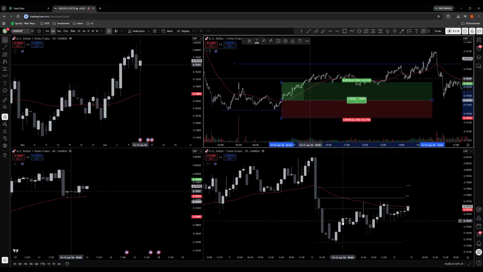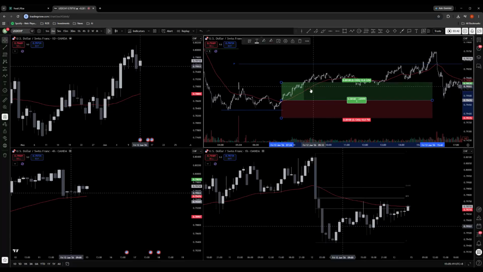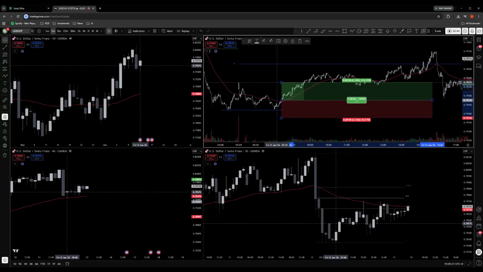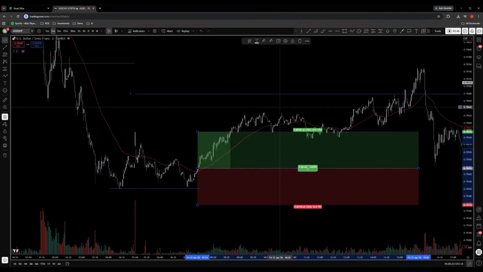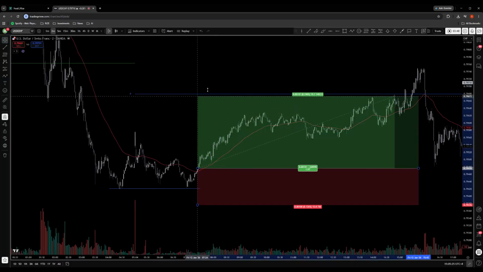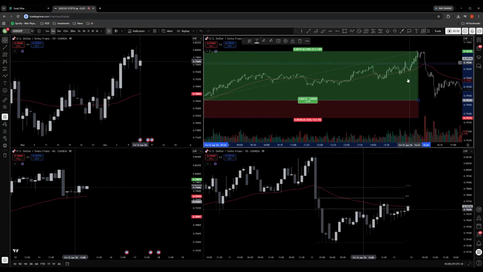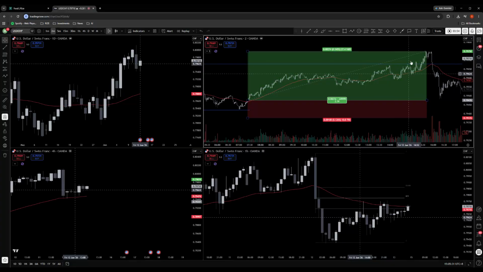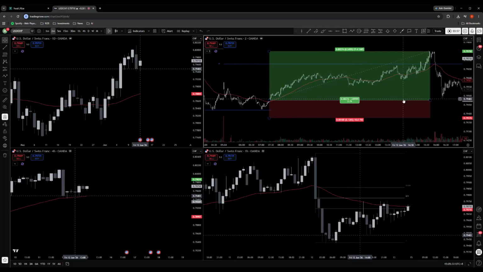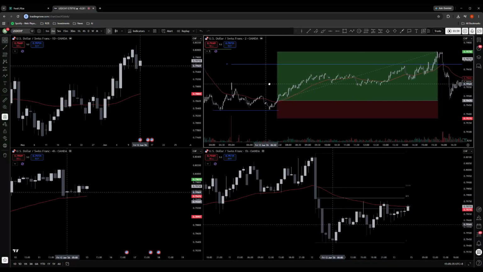We could have got an early run down from here, which we started to see through a lot of the pairs we were watching on Friday. So anticipating that potentially happening, and not wanting to give anything back on funded, I decided to close the position down. But you can see if we held that all the way through to our original target, you're looking at close to 2.74% there. So really happy to see the thesis play out here.